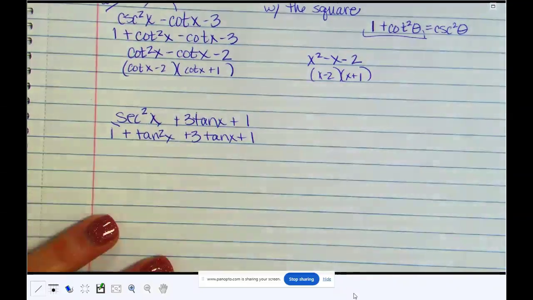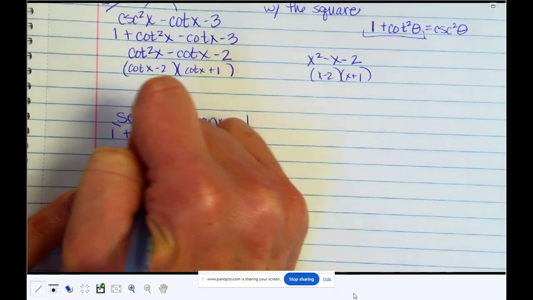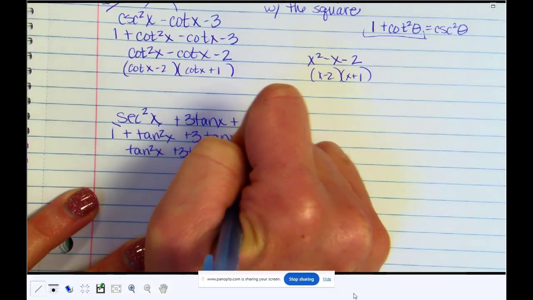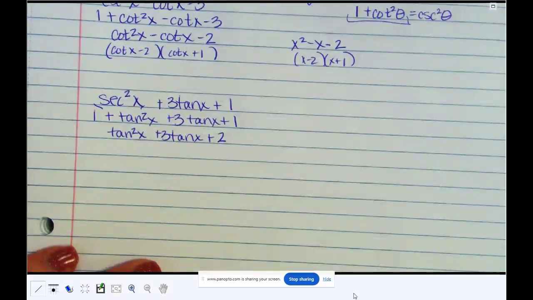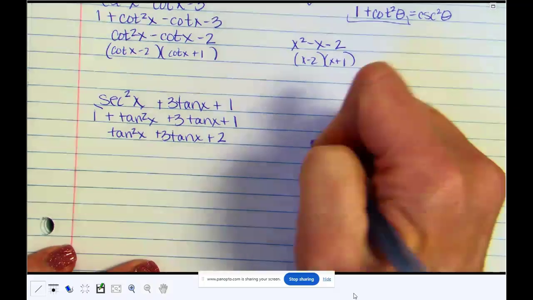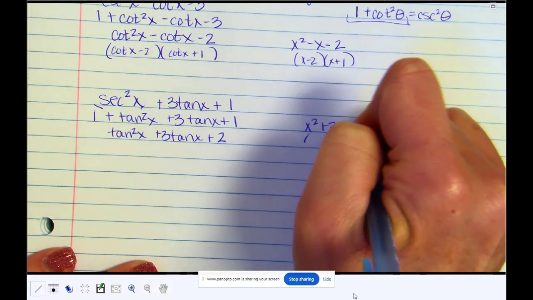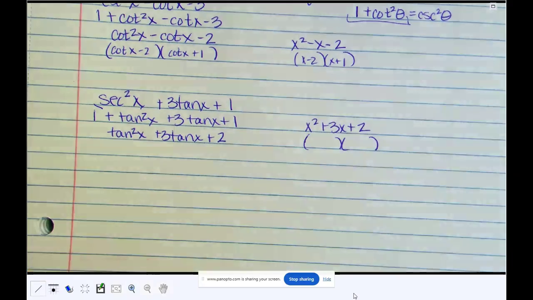And then you simplify him. So tangent squared plus 3 tangent plus 2. And then you can factor him because he's all tangents. I believe we already did this one too.